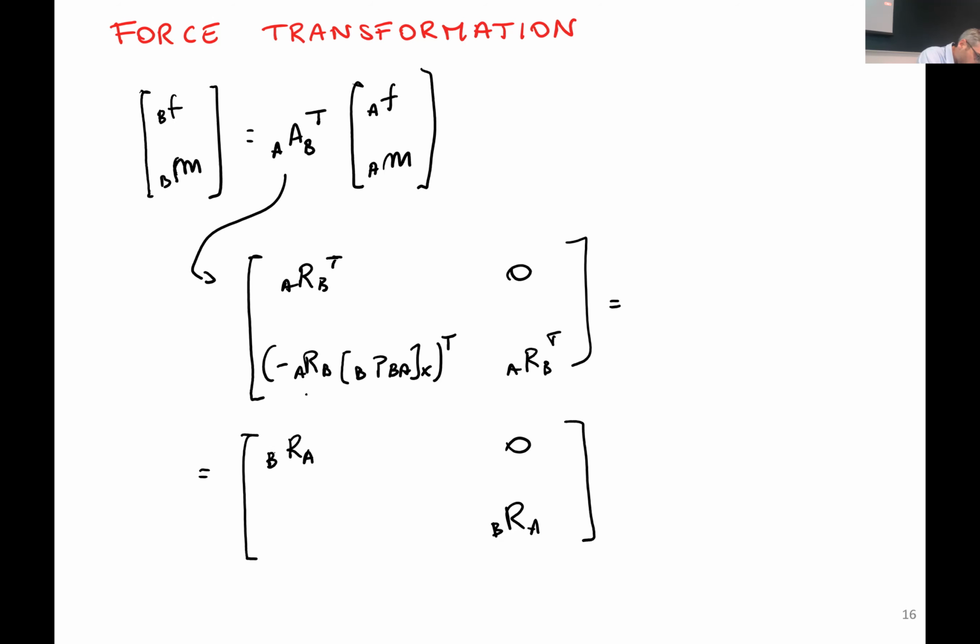And because the transpose of a skew-symmetric matrix is minus the skew-symmetric matrix, we get that this minus goes away, and we get this times RAB transpose, that is RBA.